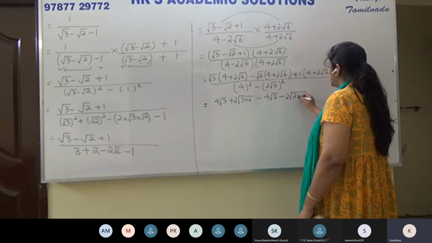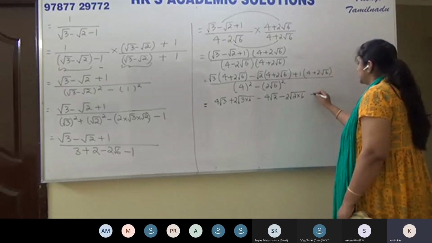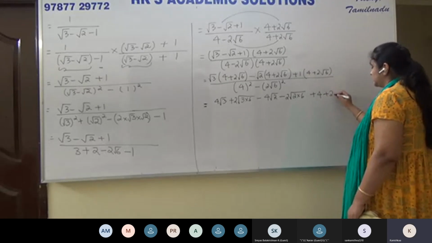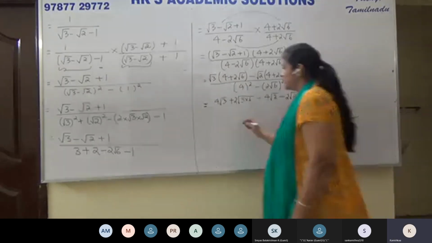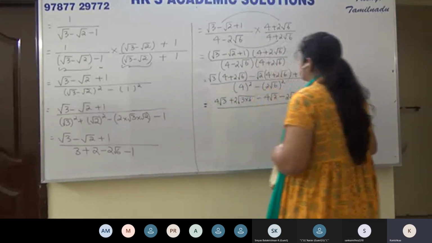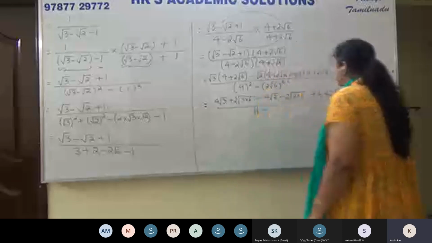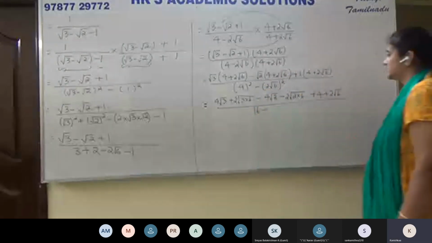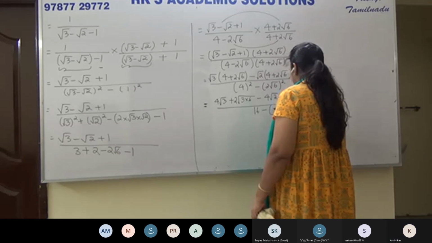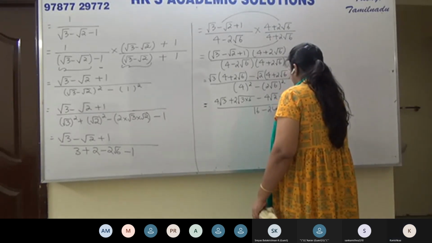So root 2 into 6, correct? 12. Yes, ma'am. Plus 4 plus 2 root 6, divided by 16 minus 4 into 6. 4 into 6 is 24. Yes, ma'am. 16 minus 24.